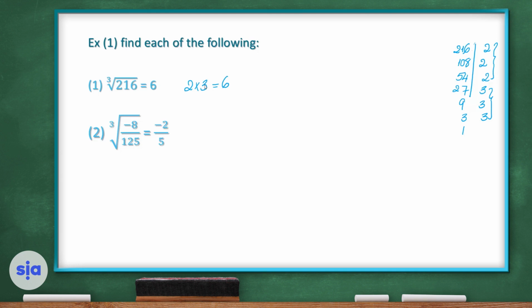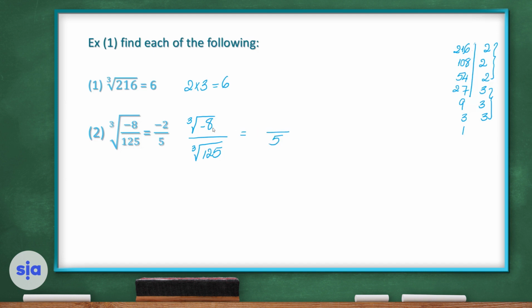Example number 2, the cubic root of negative 8 over 125. And here, in this cubic root, yes, this is the answer, negative 2 over 5. Let's check together where we got this final result. This means that it's the cubic root of negative 8 divided by the cubic root of 125. As we did in the previous example, the cubic root of 125 is 5.